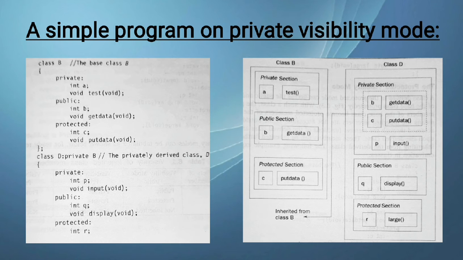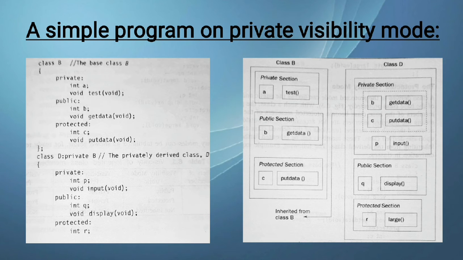Since b and get data are declared as public, they can be accessed by the derived class. They can also be accessed by the object of the derived class.